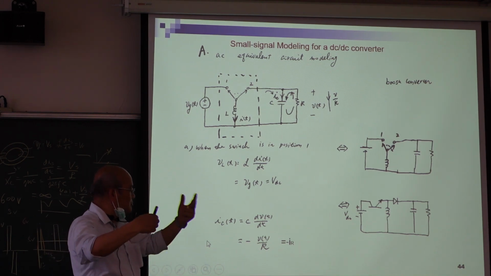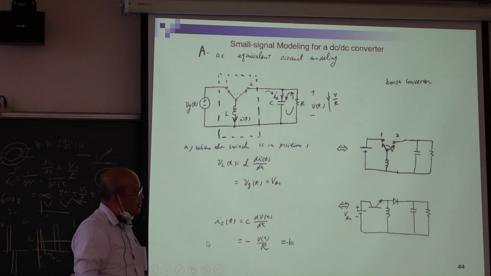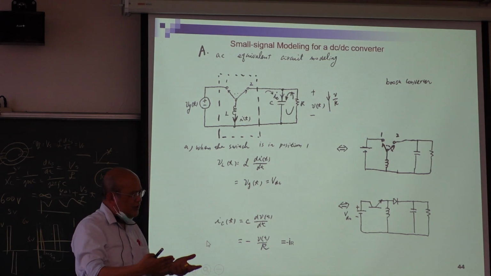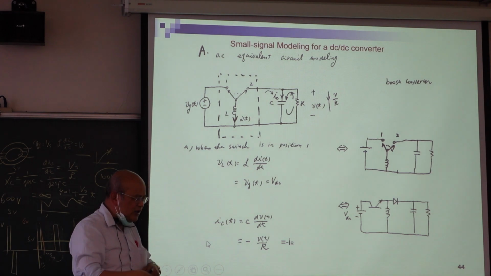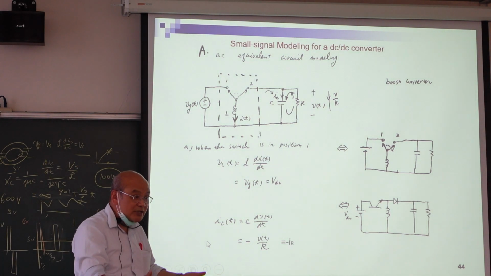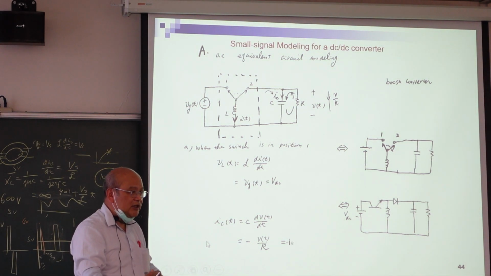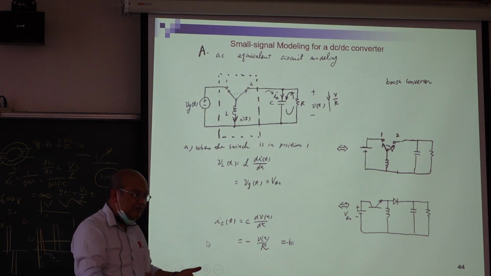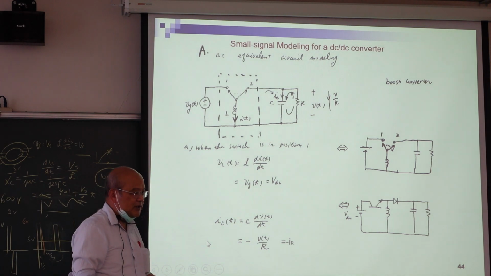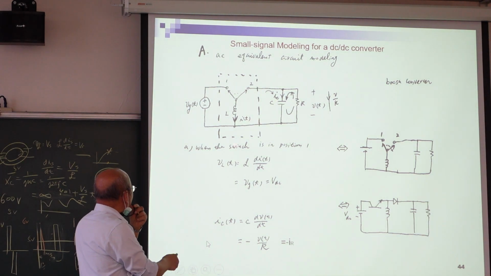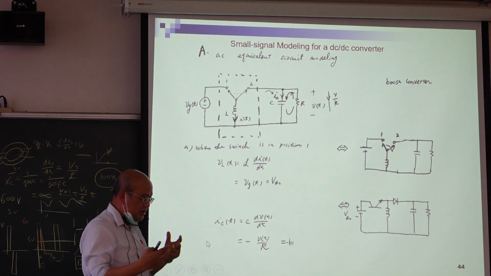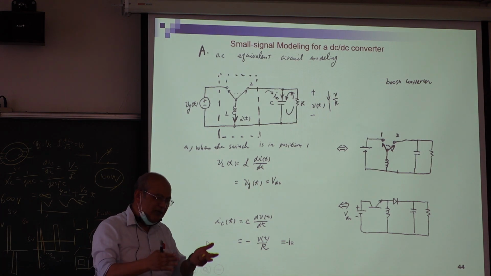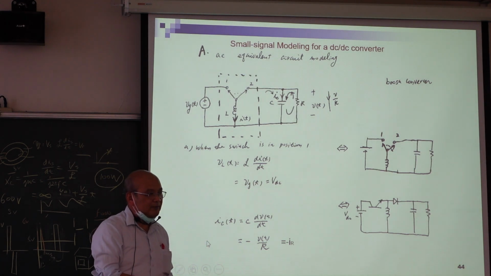So if you want to design an amplifier, what do you need to know? I need to know the equivalent circuit of the transistor, right? The equivalent circuit of the common base, common emitter. I need a small signal. Now you have a converter. So my question is, what is the mathematical model of your converter?